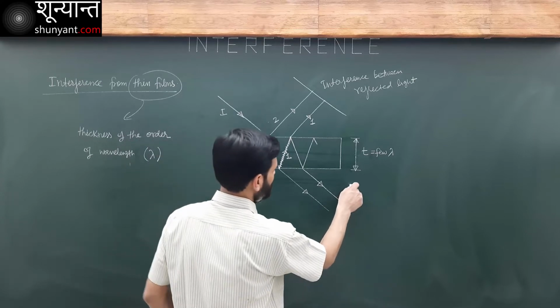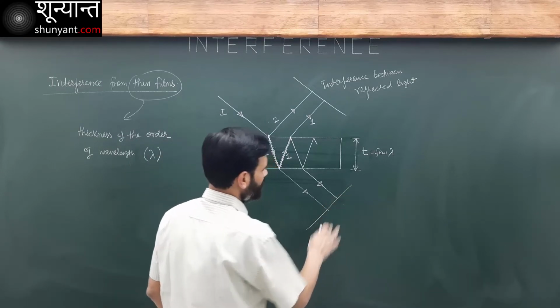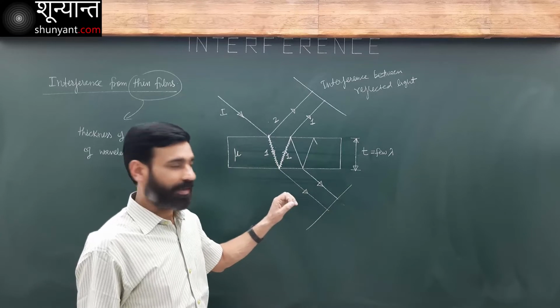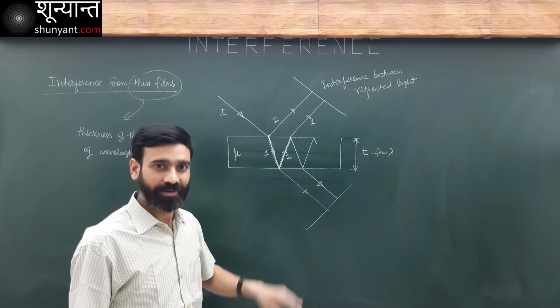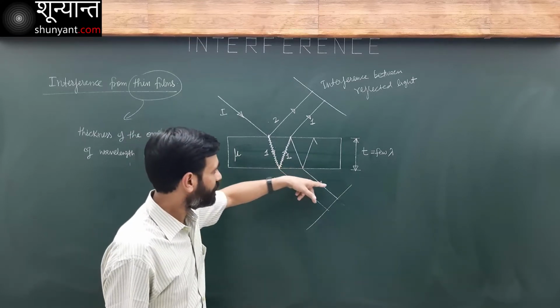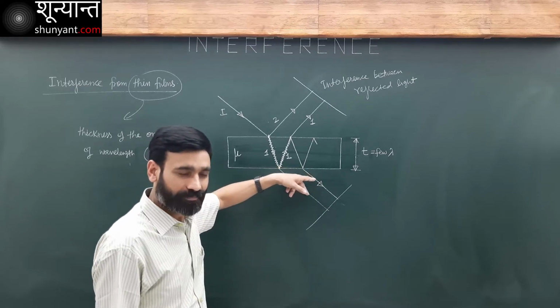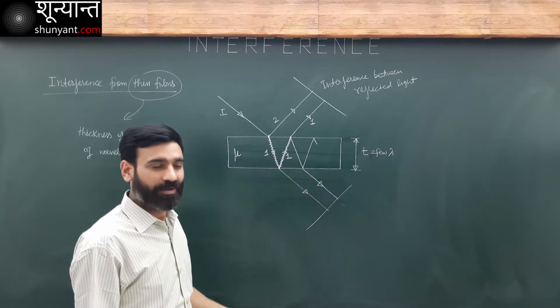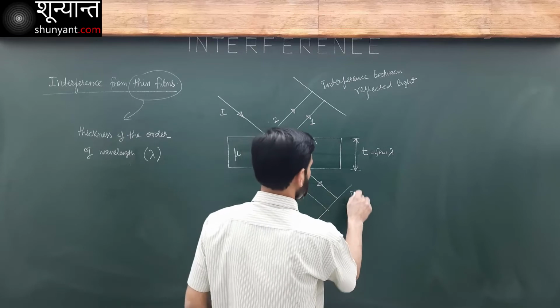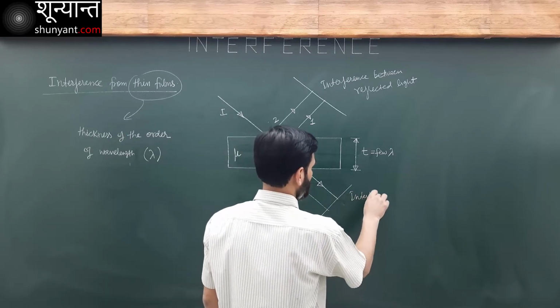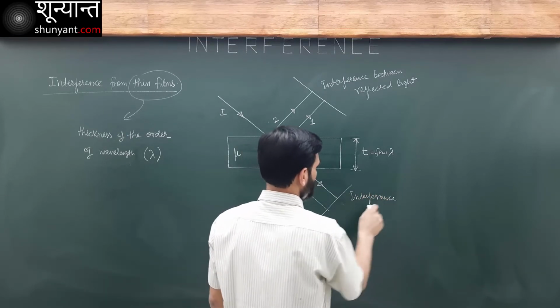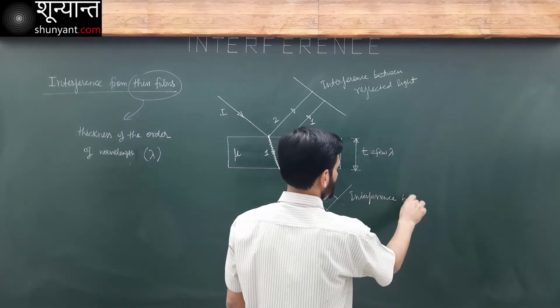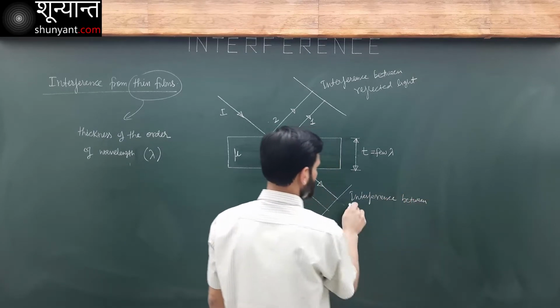Here also, if I keep a screen, I am going to get an interference pattern, a fringe pattern. These two light rays will interfere. Here also interference will happen, interference between transmitted light.